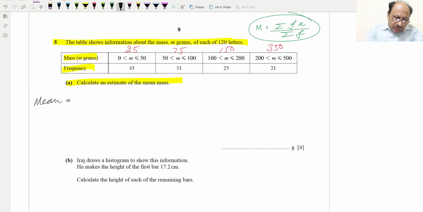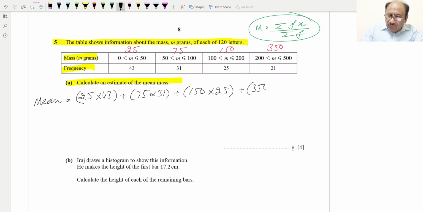Hopefully you understood this. So we'll multiply 25 by 43 plus 75 into 31 plus 150 into 25 plus 350 multiplied by 21, and divided by the total, which is 120.